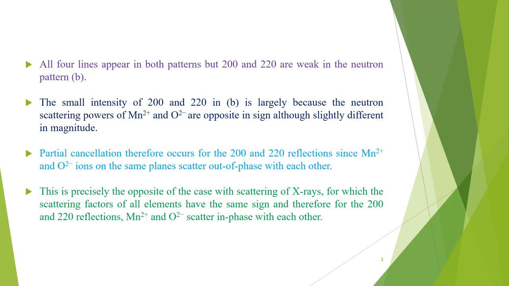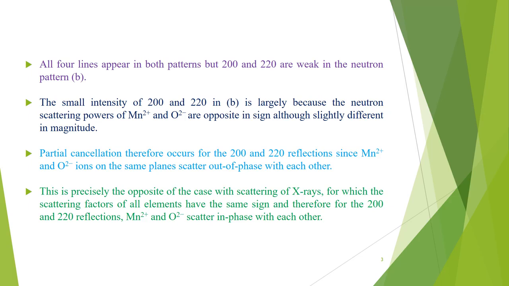All four lines appear in both patterns, but the 200 and 220 planes are weak in the neutron pattern B that was taken at a different temperature in the previous lecture.